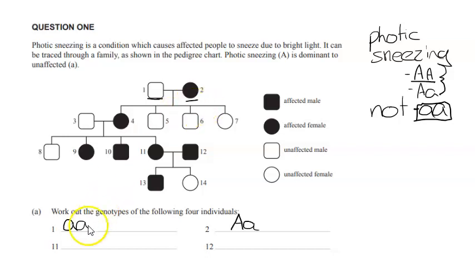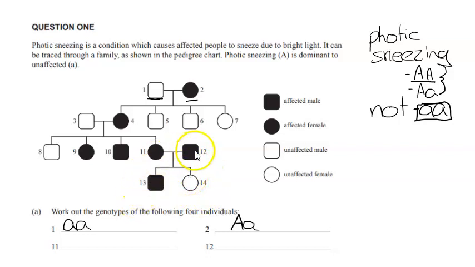So let's look at individual number 11. So again, this is why pedigree charts are useful, because we need to look at the offspring of that individual. So if individual number 11 was homozygous dominant, then that individual would not be able to have non-photic sneezing offspring.